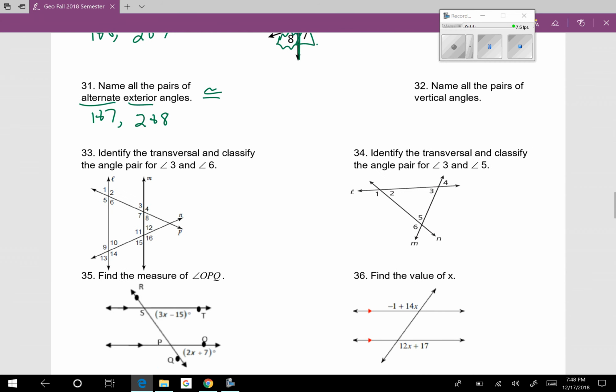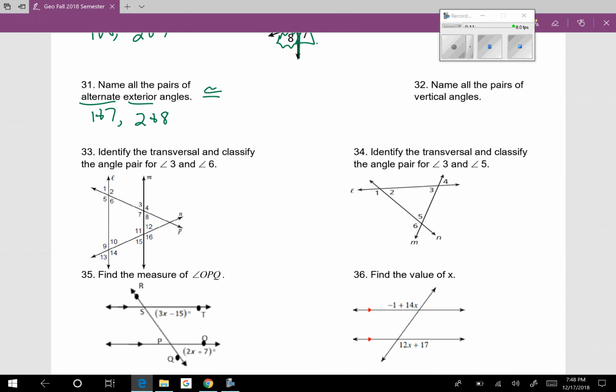Okay, 33. Identify the transversal and classify the angle pair for angles 3 and 6. So here's angle 3, and there's angle 6. Look for the one single line that cuts across both of them. Which one is it?